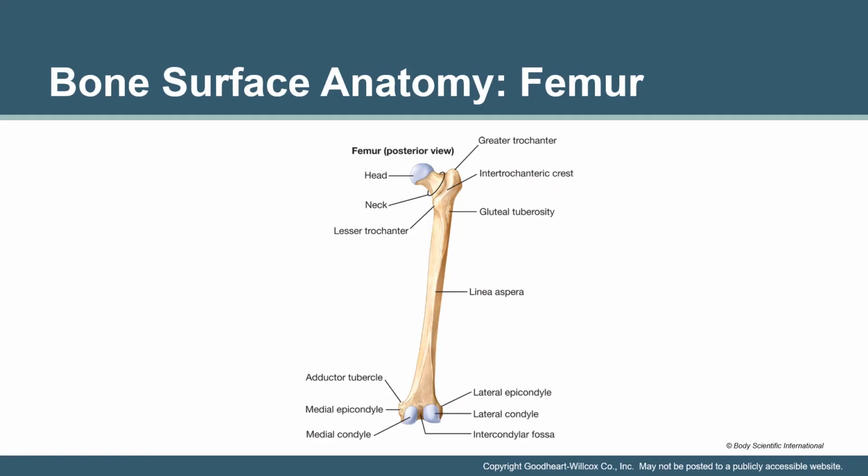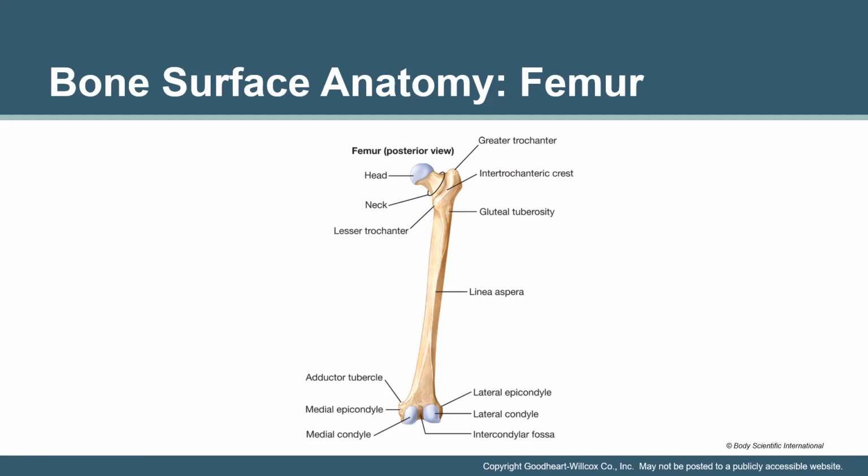Right below that, you can see evidence of the neck, which I mentioned, and it's kind of the bridge, right? You can also see evidence of the greater and lesser trochanters. In between them, there is a crest. Remember that a crest is a prominent, narrow, bony ridge. So this one joins the greater trochanter and the lesser trochanter.